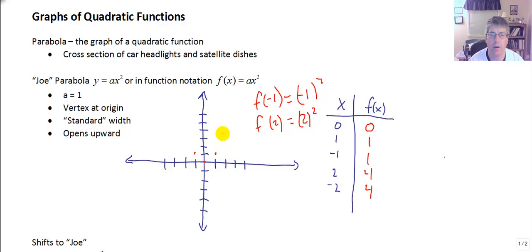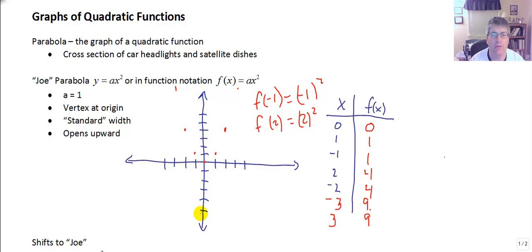So we input 2, we output 4. Up there, we input negative 2, we output 4. And this will continue. If we input negative 3, we'll output 9. We input positive 3, we output 9. So we're going to be way up here somewhere. And you'll notice that these are a reflection across the y-axis.